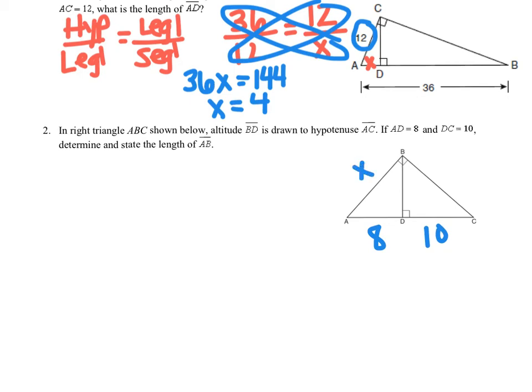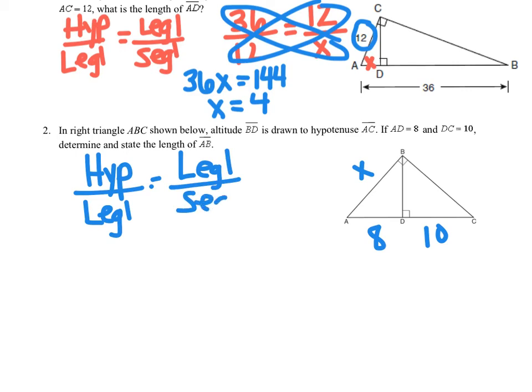So that's going to be one of the legs. Okay, so we know we're going to use HLLS, so we have the hypotenuse, leg 1, and segment 1. Take a second, pause the video, and try to set up the proportion on your own.